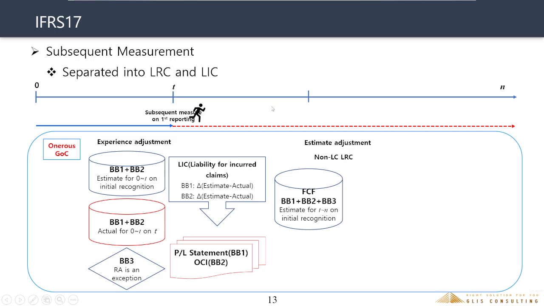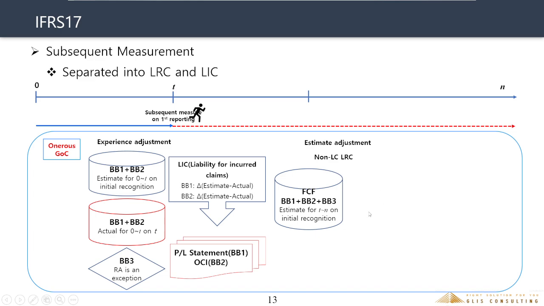Unlike the initial measurement, our liability is to be separated into liability for remaining coverage and liability for incurred claims. And also for the onerous group of contracts, as I indicated in the onerous test section, there is a non-loss component at LRC.